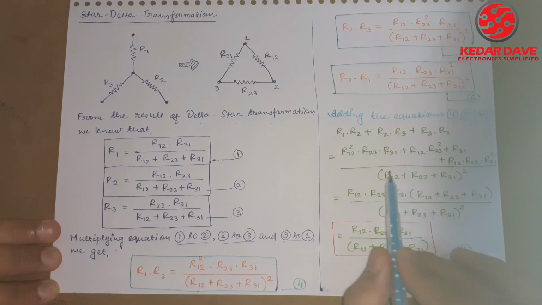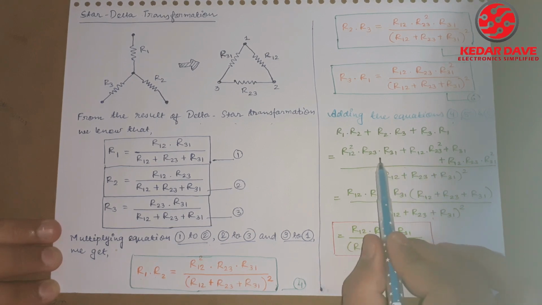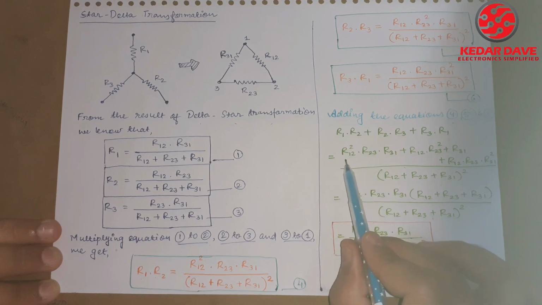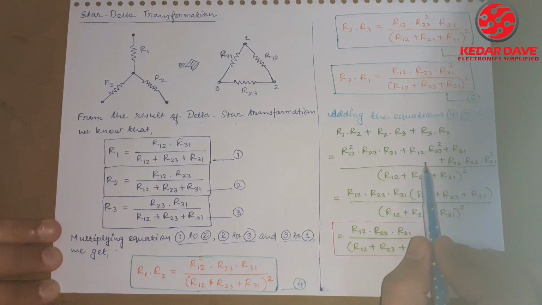We just need to add up the upper part, that is in the form of R12 square into R23 into R31 plus R12 into R23 whole square plus R31 into R31.